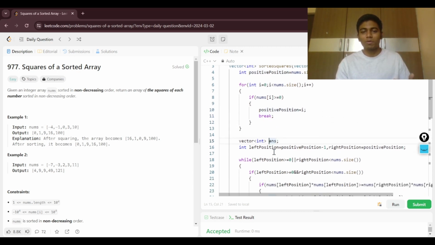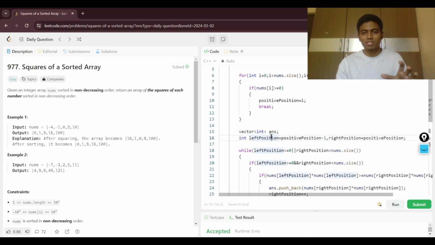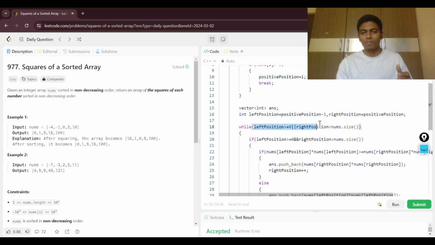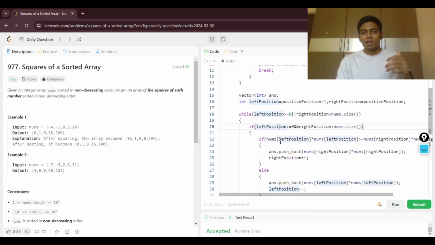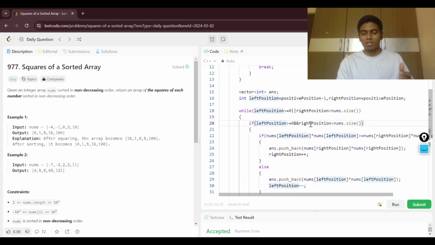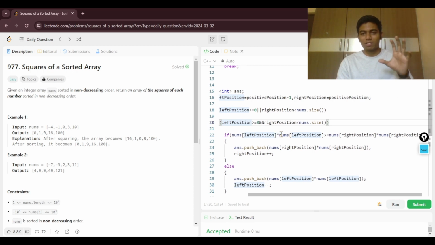After breaking out of the loop, we start with the left position as positive position minus 1, and the right position the same as the positive position. While both the left position and right position are in the boundaries of the array, we compare the values of those two, by squaring the left position and the right position.